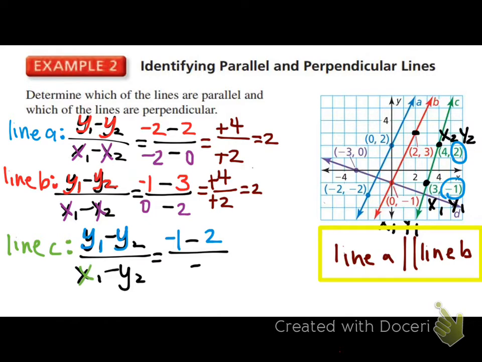My first x, 3. My second x, 4. -1 minus 2 is -3, 3 minus 4 is -1, and then that's a positive, and that reduces to 3.